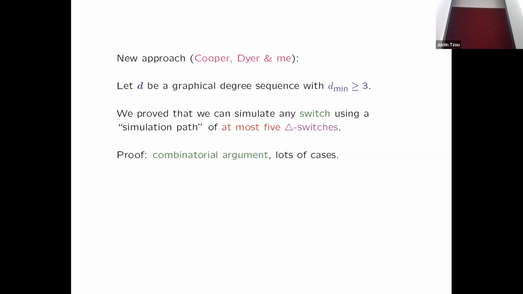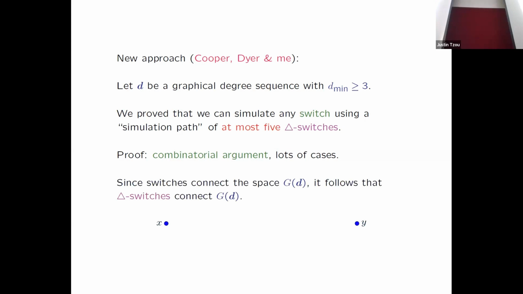There were several cases, but the point is we know that switches connect the set G(D). So between any 2 graphs with a given degree sequence, we have a sequence of switches between them. It might be a lot longer than this. Now we can replace each switch by a short sequence of triangle switches, and you have a path involving triangle switches that gets you from X to Y, and you're done.